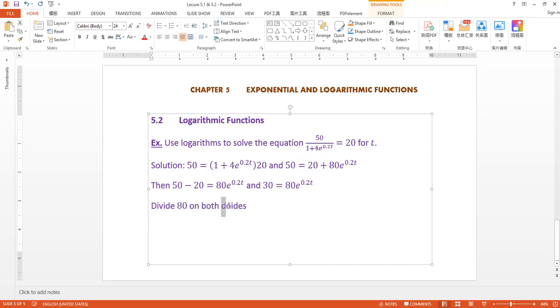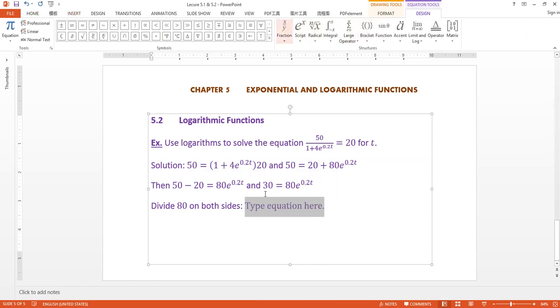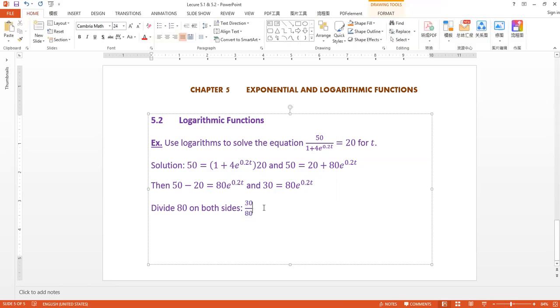So then 30 over 80 on the left, and on the right hand side, we just have the e to the 0.2t.